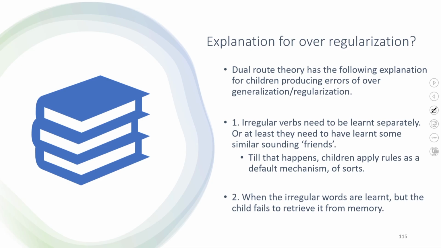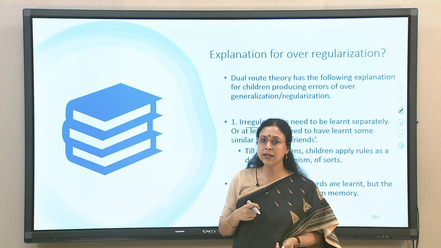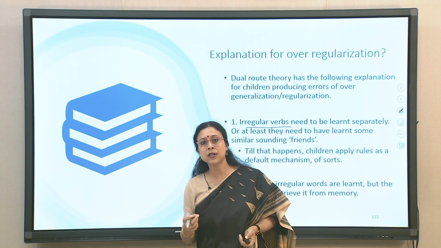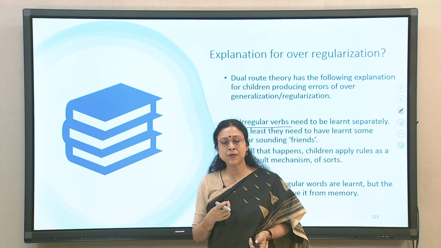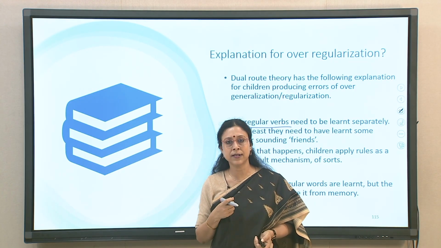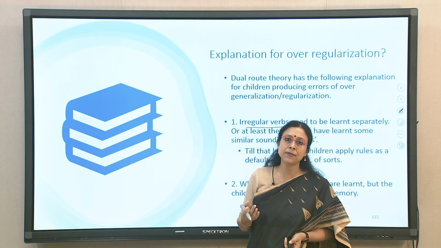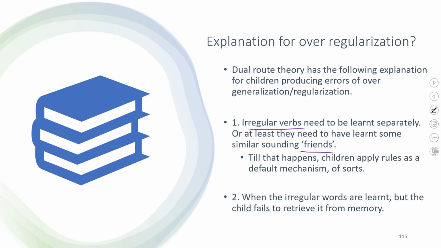This has the following explanation. First and foremost, the irregular verbs need to be learned separately, because remember they are part of the lexical list. If they have to be memorized as they are, each word, this is going to take them some time, or at least they have to have some of the phonological friends. Even if the entire list is not there yet, at least some of them should be there in order to function as the similar sounding friends.